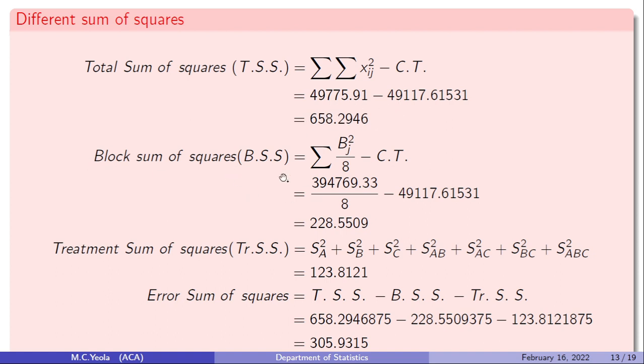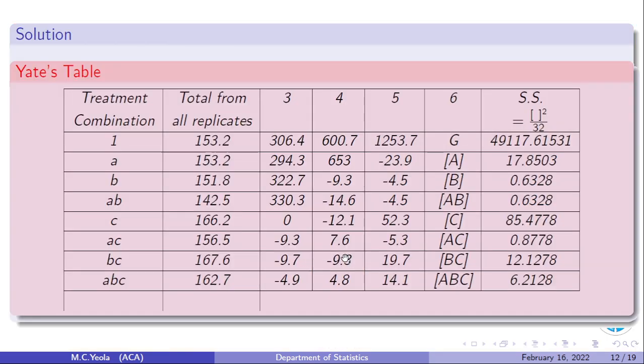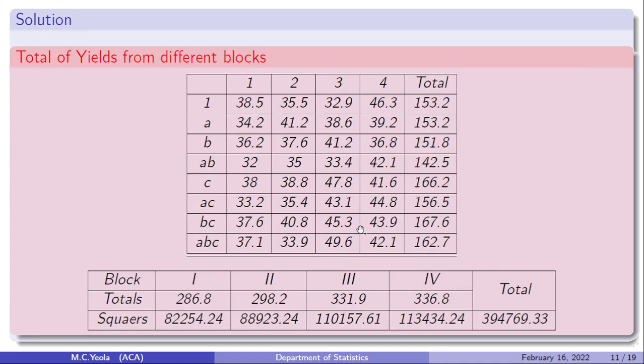Block sum of squares: while obtaining this, summation of bj square upon 8. So bj square is this one here: this value is block 1's total, its square, and every time we have done block 2 total and its square, block 3 total and its square, block 4 total and its square, and the sum of these is bj square.